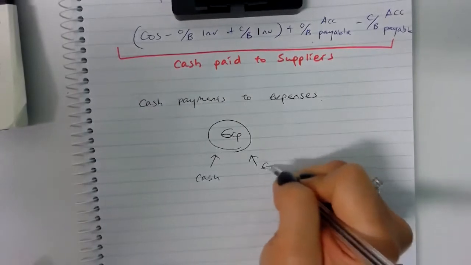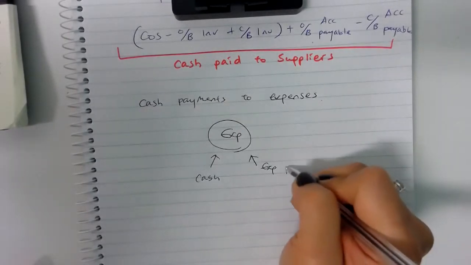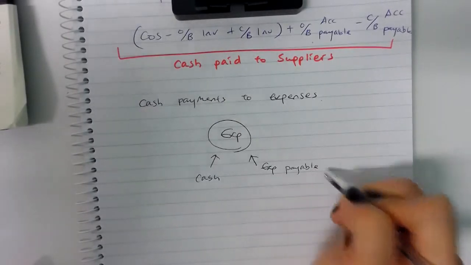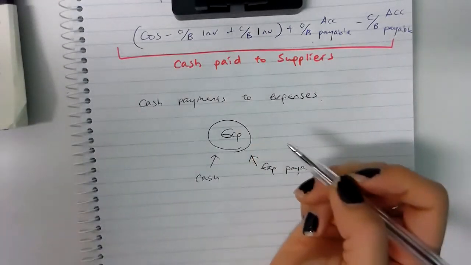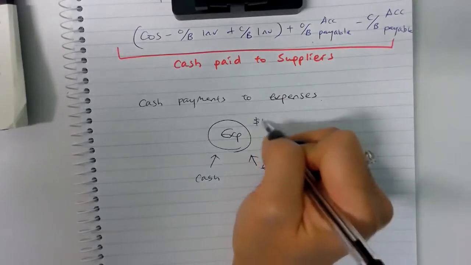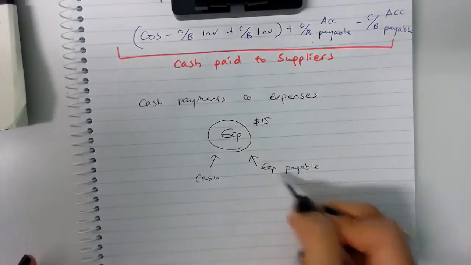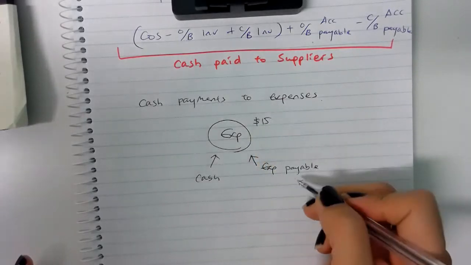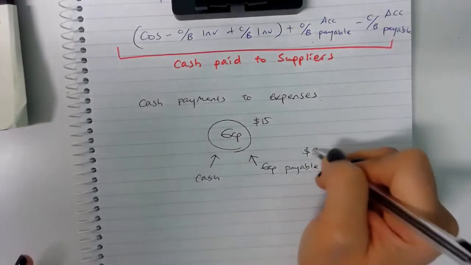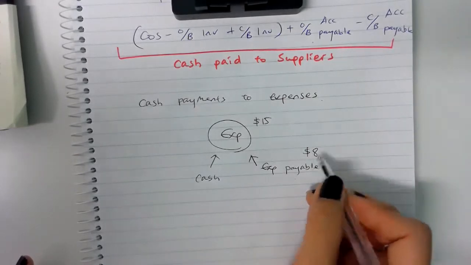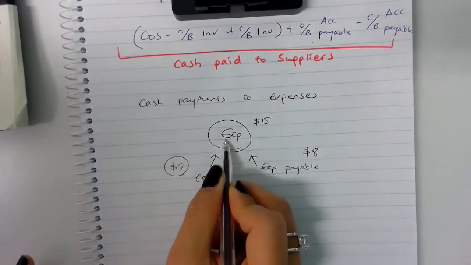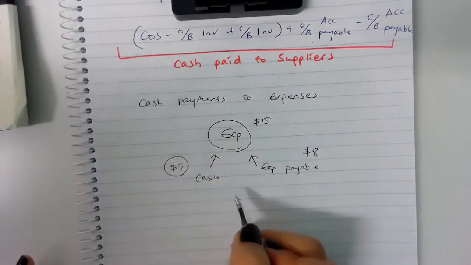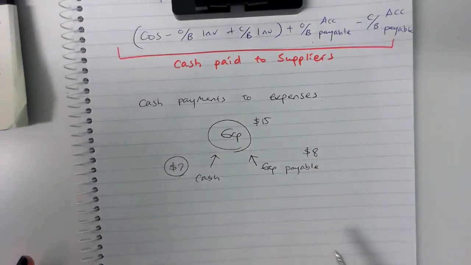So then if that was the case, it will be on expense payable, still a liability. So if for instance, electricity expense was, let's say, $15, but when you look at the balance sheet, they still have electricity expense payable of $8, for example, that means they paid $7 of electricity expense, yeah? So that's the same logic as we've done before.